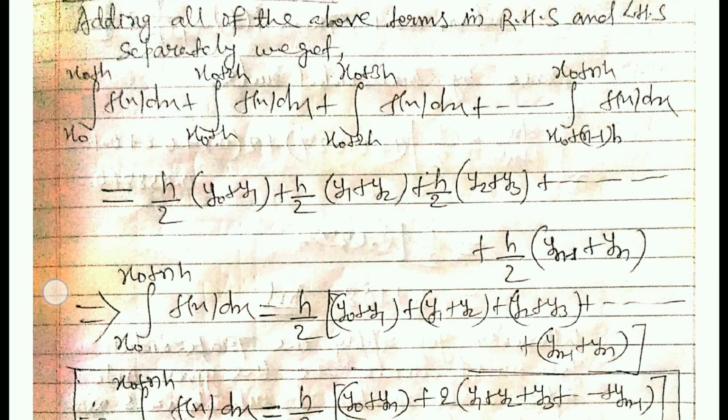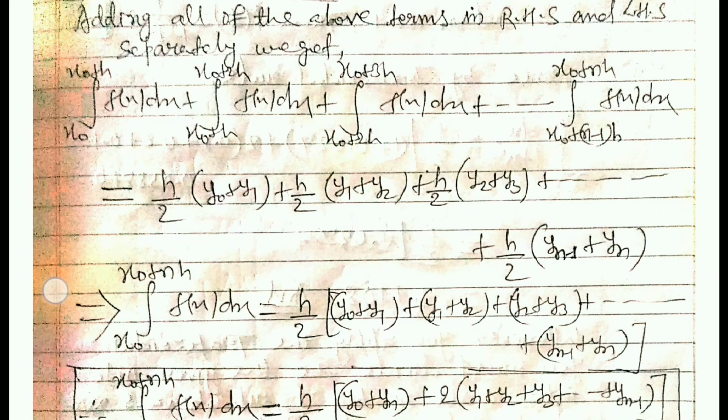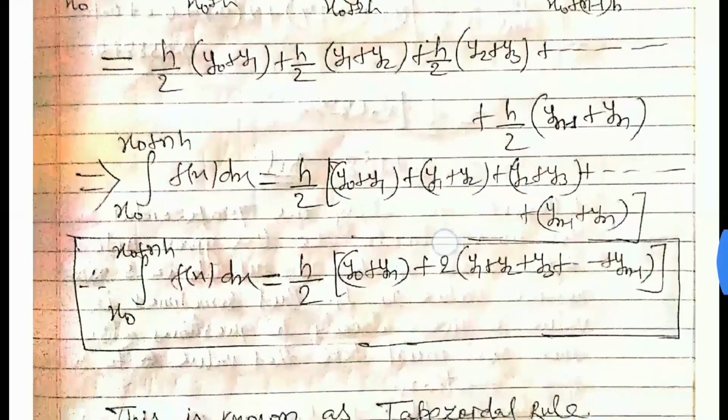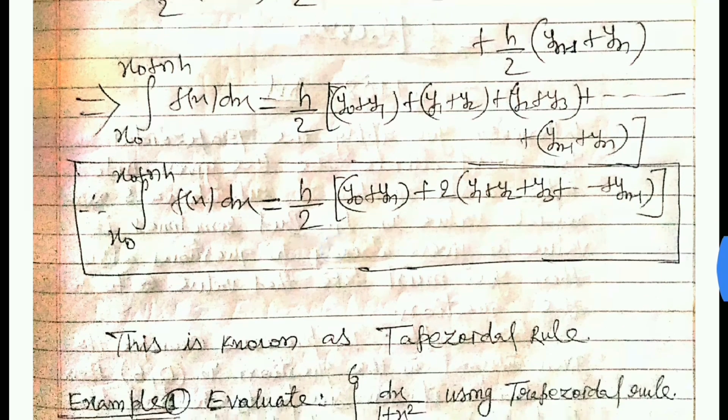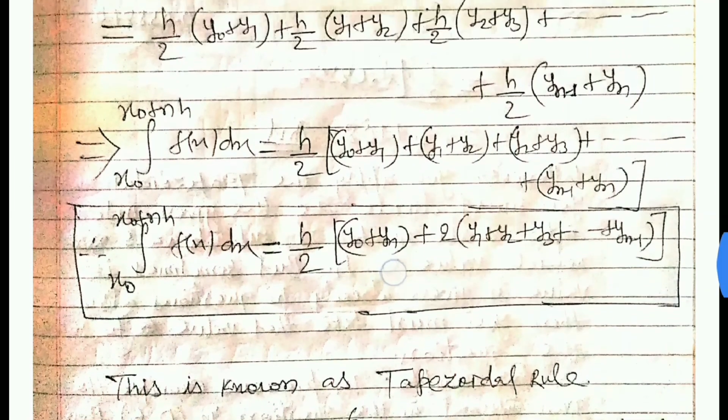That's why we get h by 2 into (y0 plus yn), and the remaining terms in double, so that is 2 into (y1 plus y2 plus y3 and so on up to y(n minus 1)). So that's the trapezoidal rule.